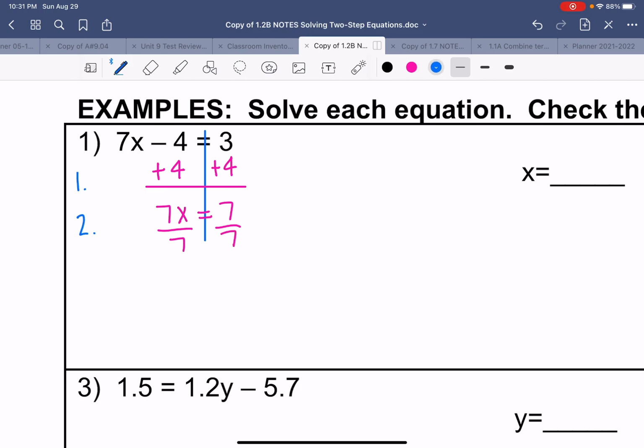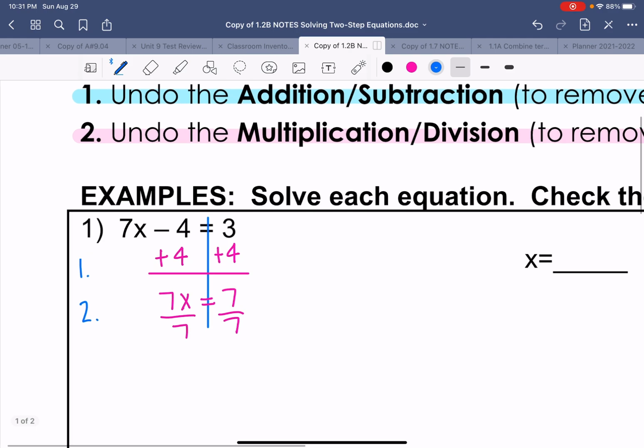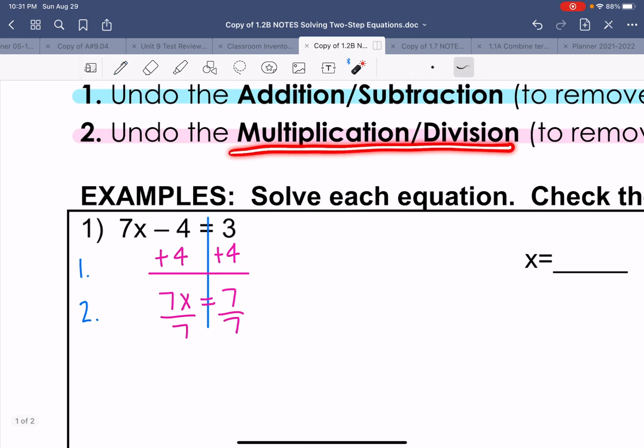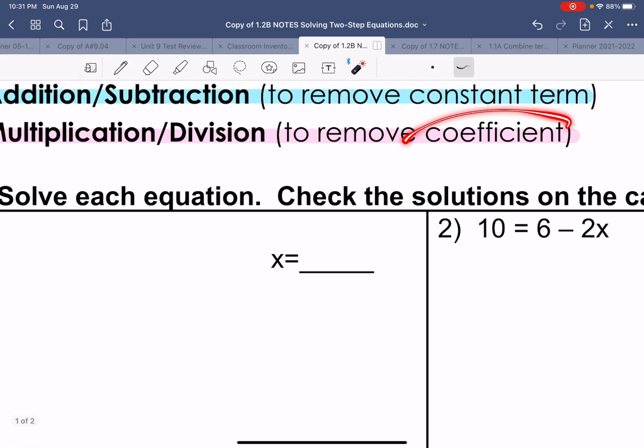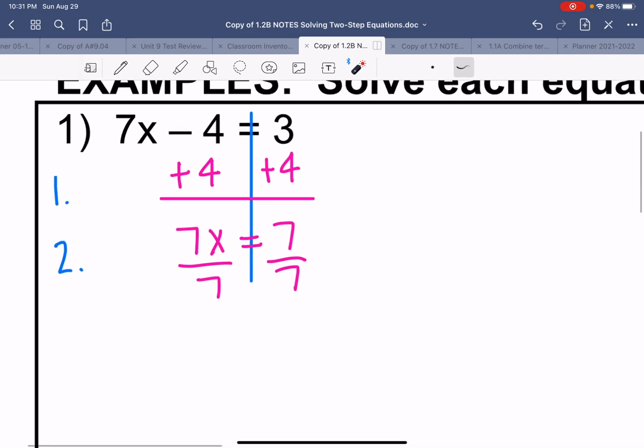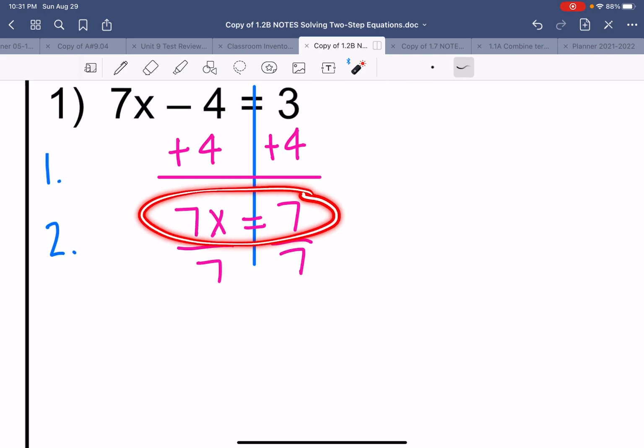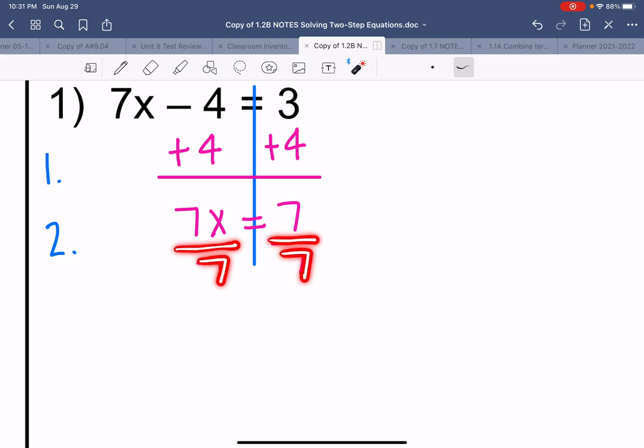Step 2 is to undo the multiplication or division, or remove the coefficient. 7 is the coefficient in front of the x, so I gotta remove it. I remove it by dividing by that coefficient. So x equals 1.